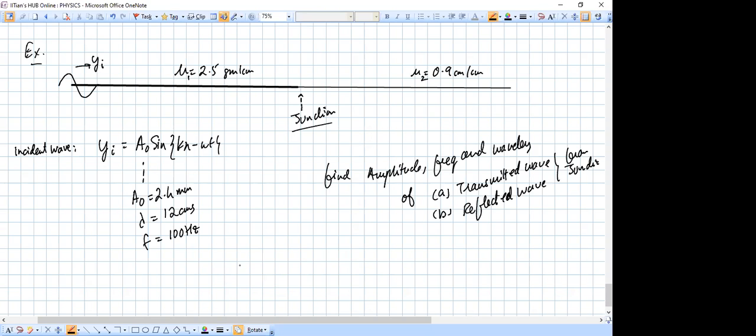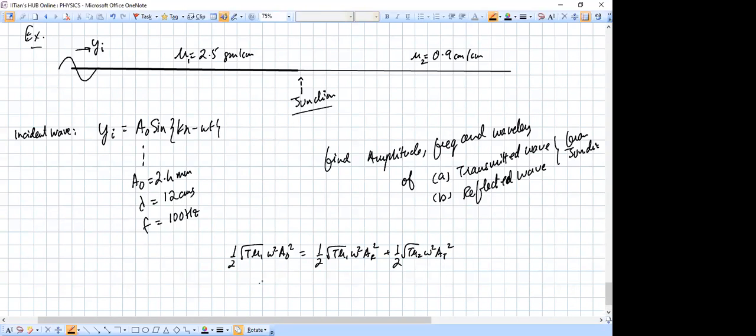Okay, so if you write the power conservation equation, half square root of T mu 1 omega square A naught square is equal to half square root of T mu 1 omega square into A reflected square plus half square root of T mu 2 into omega square into A transmitted square.